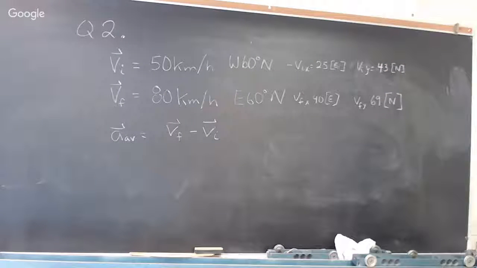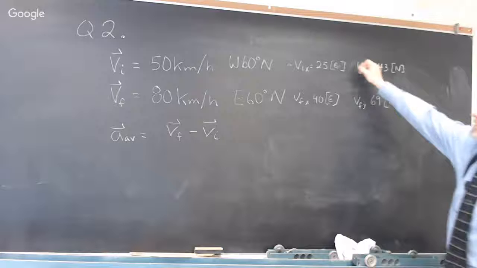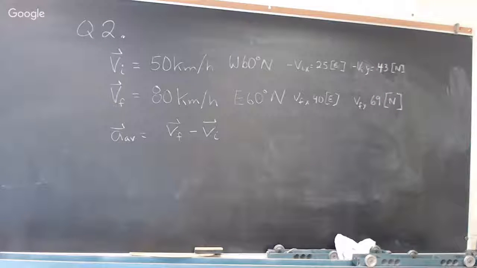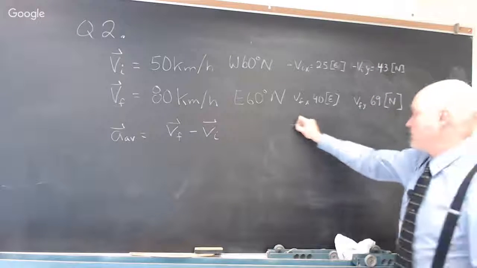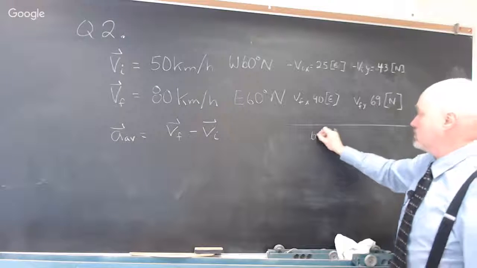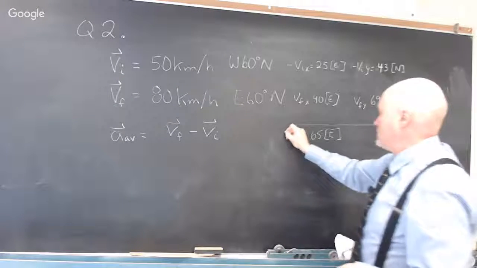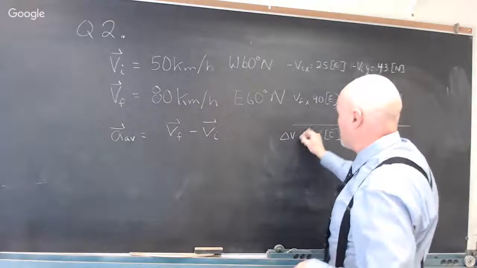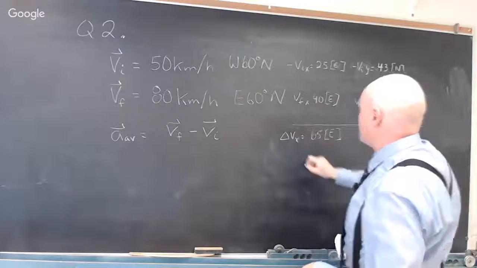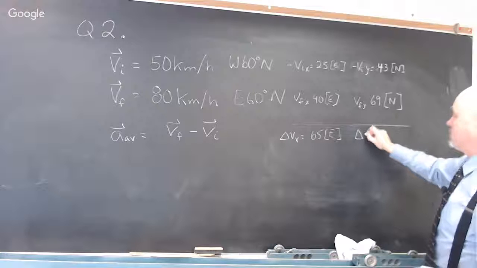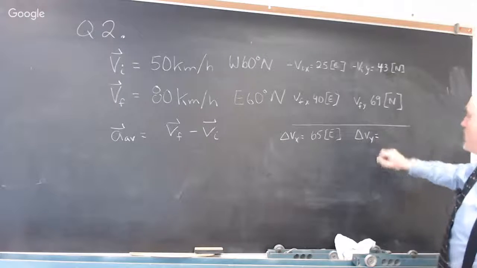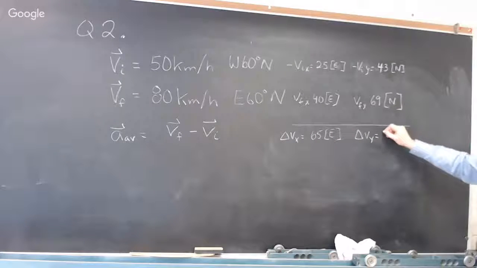Oops, that's still negative though. So now I'm just going to add my x components. So delta Vx is 65. Delta Vy is 102.